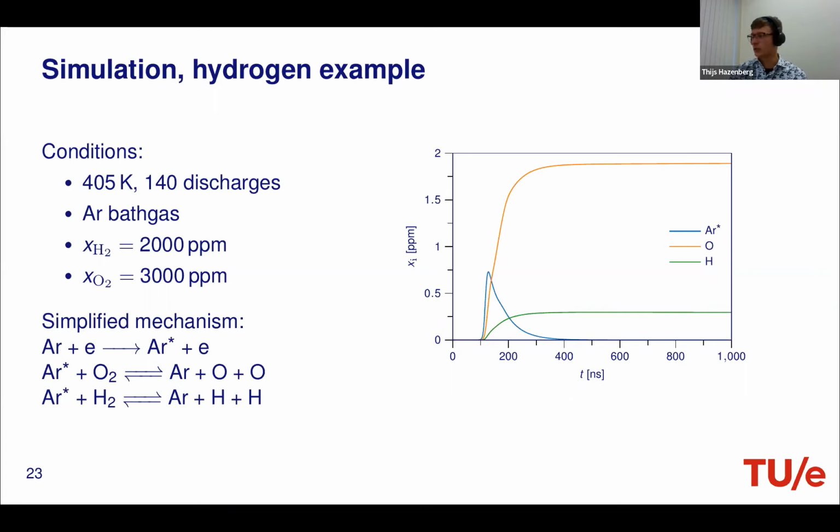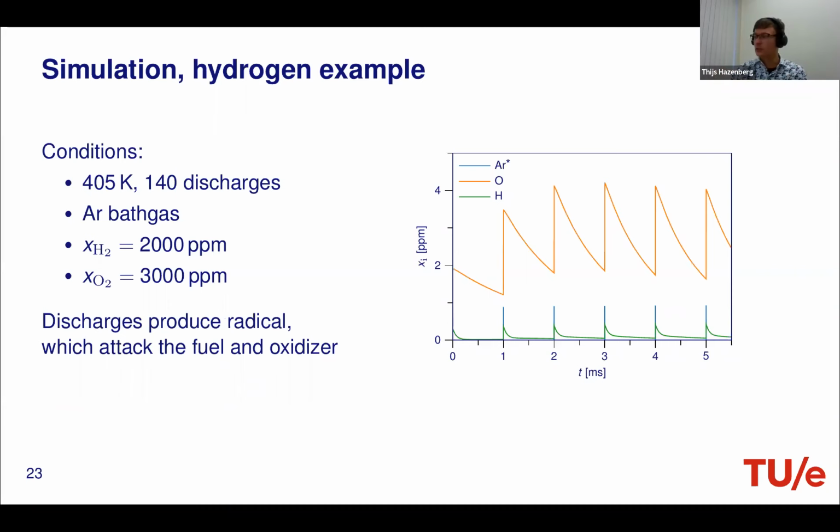At a short time scale, we start producing these electronically excited argon, and they very quickly quench. It's very similar to what you would see, for example, in nitrogen electronically excited states. So they quench aggressively against oxygen and hydrogen, which then is the process that dissociates these molecules.